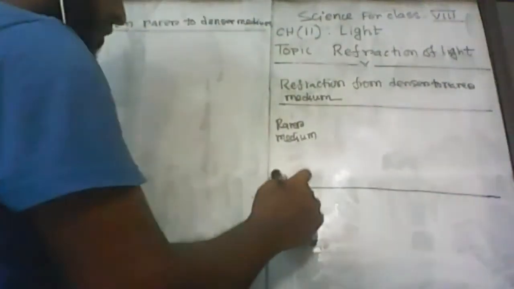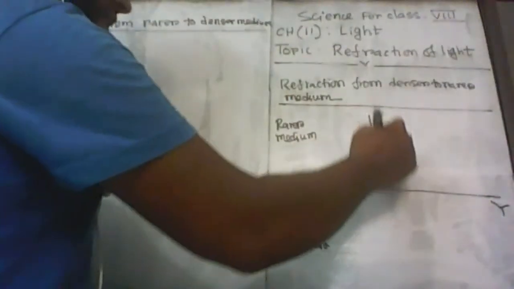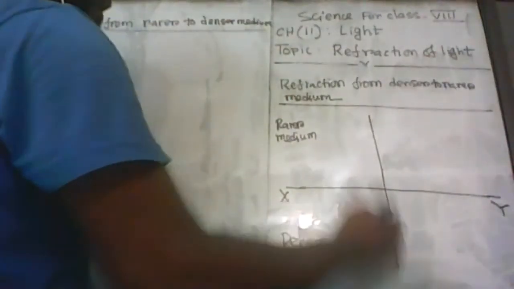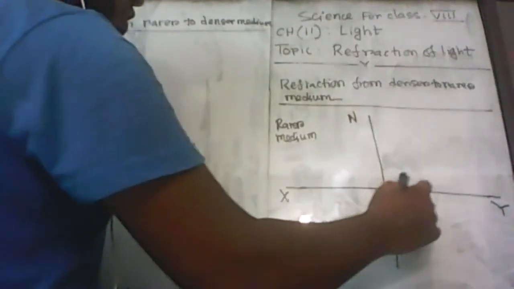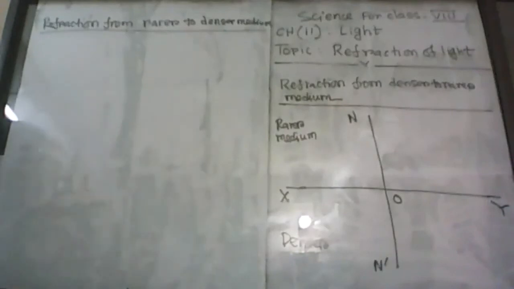This is the separation line XY that separates these two media, and this is the normal line NN prime. So we are going to discuss the refraction of light from denser medium to rarer medium, okay? So in this particular case, ray of light is incident from denser medium, and after refraction it passes through the rarer medium, okay?